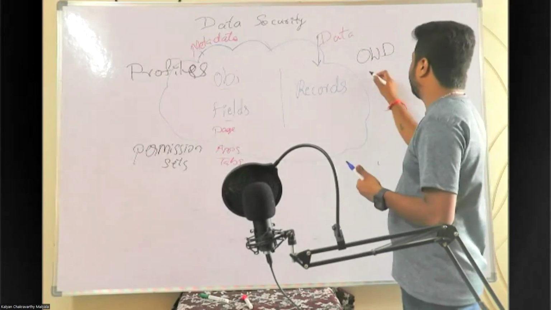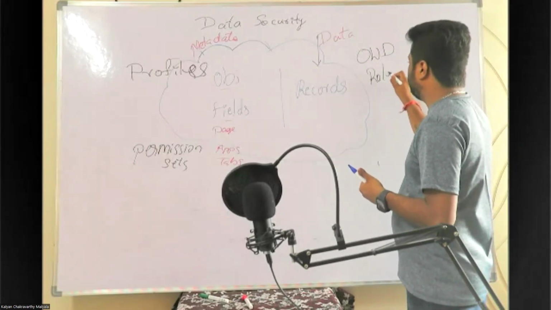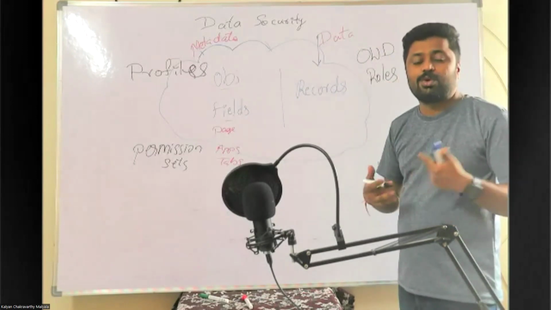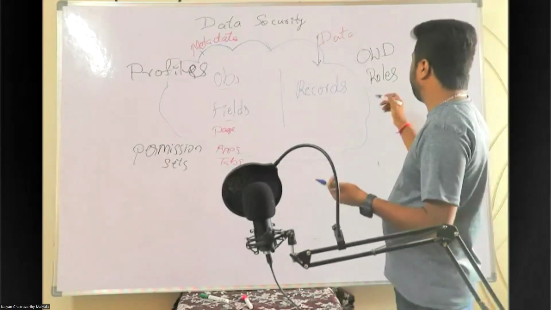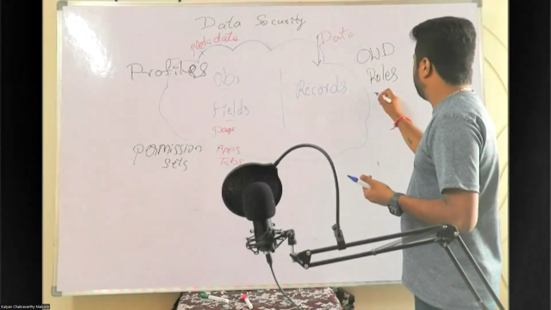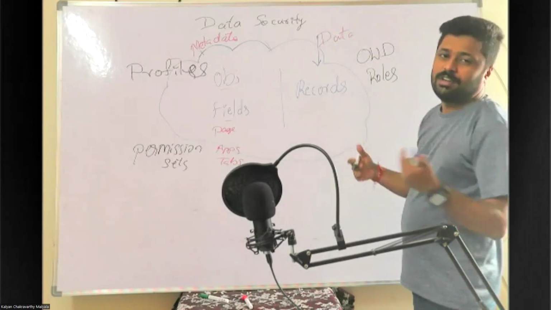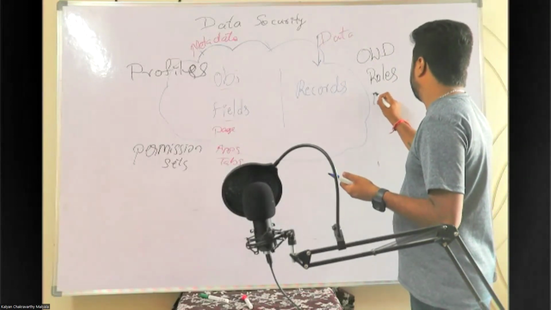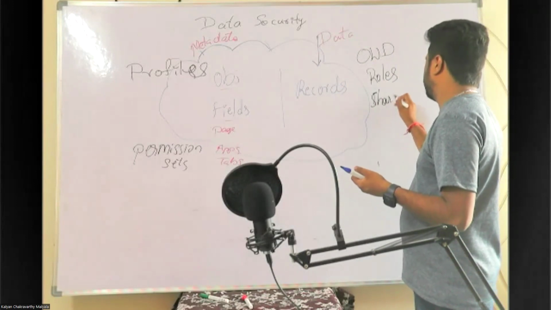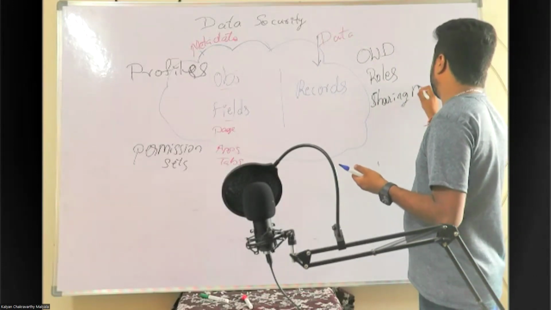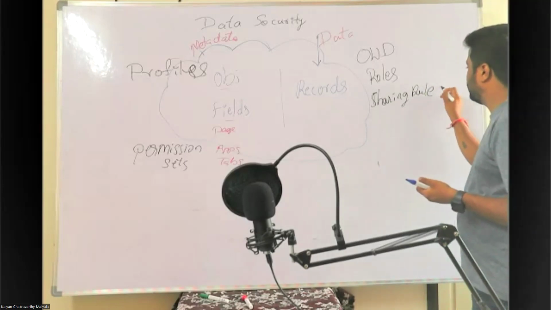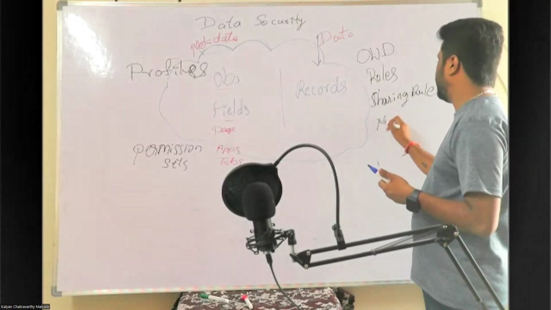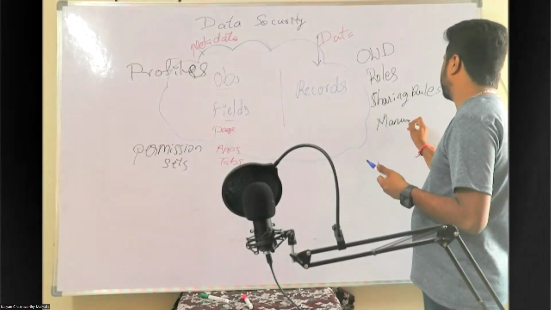And the second, we have roles, or we say role hierarchy. Then we have the sharing rules. The last one we have is manual sharing.